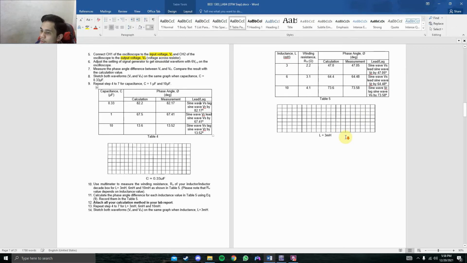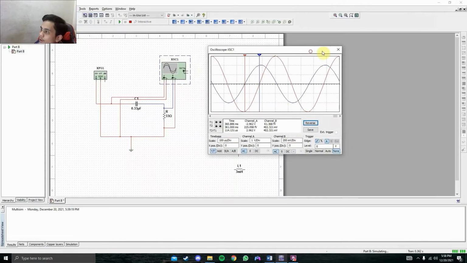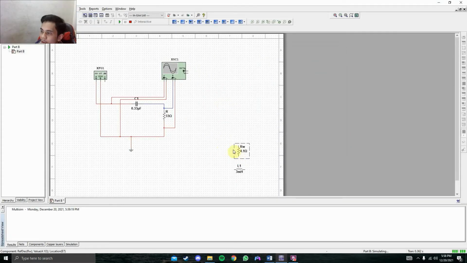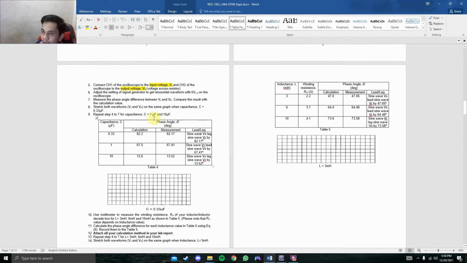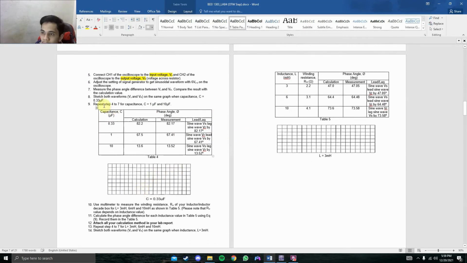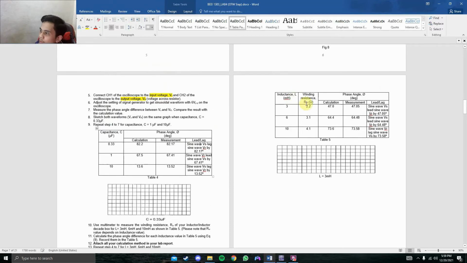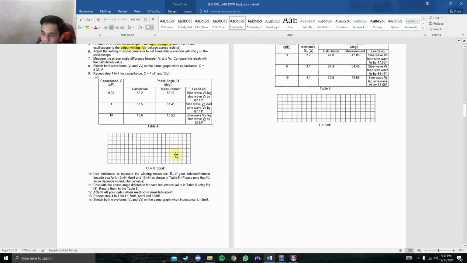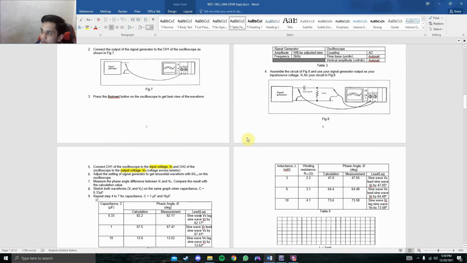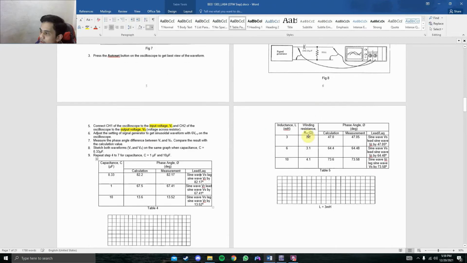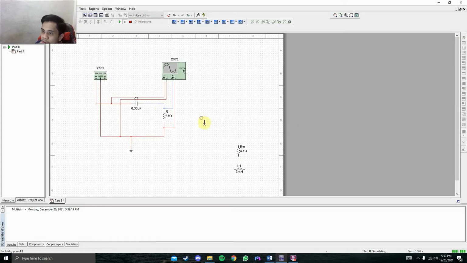So for table 5, we add the R winding here, winding resistance, same circuit, only plus the R winding and inductance, and replace the capacitance with inductance. So first we replace, stop first.